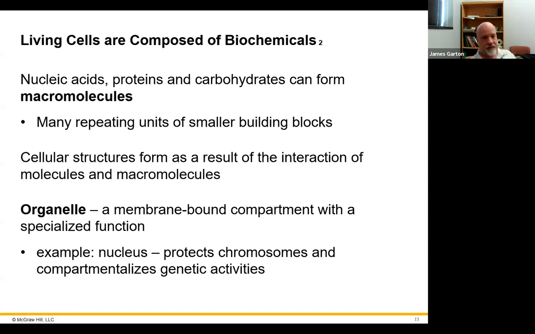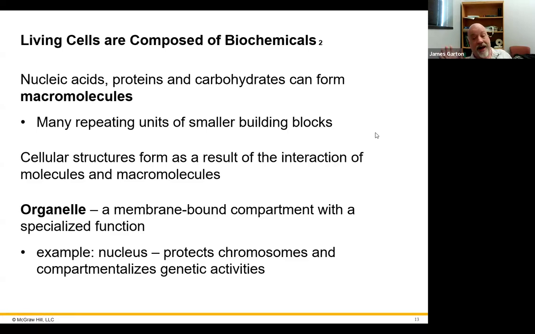Basically, we say that nucleic acids, proteins, and carbohydrates are large macromolecules, and they are made up of repeated units of smaller building blocks called monomers. For example, nucleotides repeatedly make up DNA or RNA.